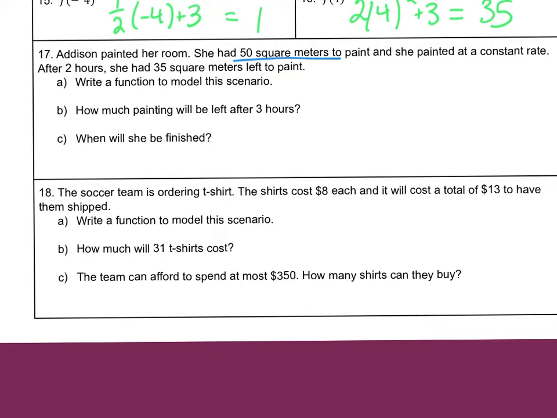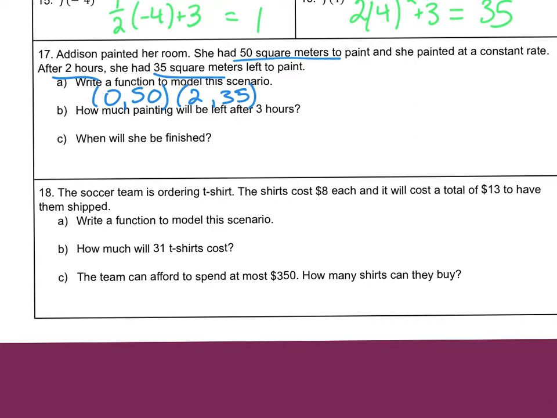Okay, let's think about that. What do we know? We know that she had 50 square meters to paint. After 2 hours, she had 35 left to paint. So at 0, she had 50 left to paint. After 2 hours, she had 35 left. So I can make a line out of this, correct, if I have 2 points?